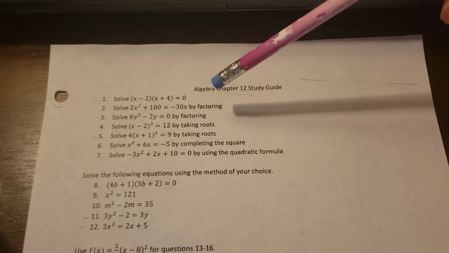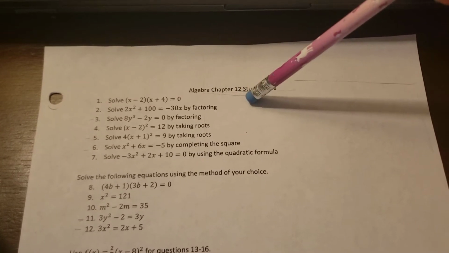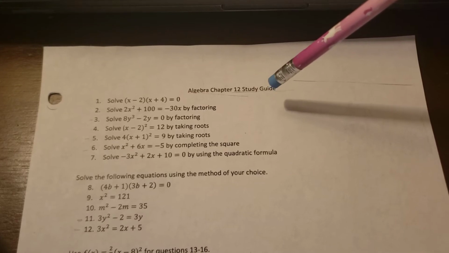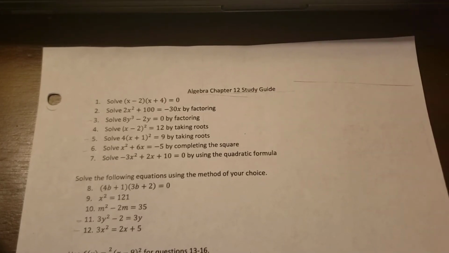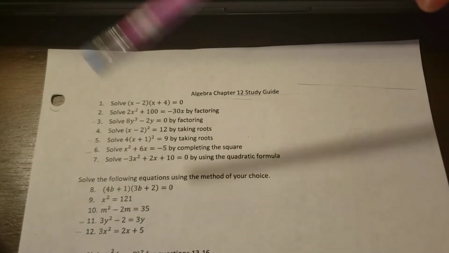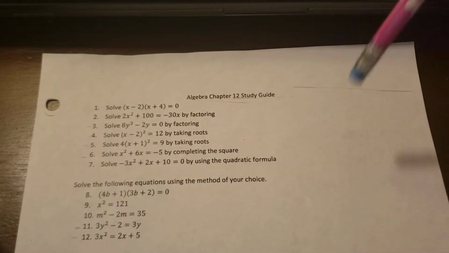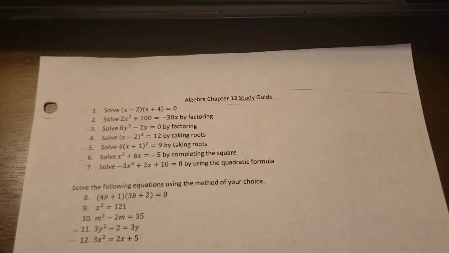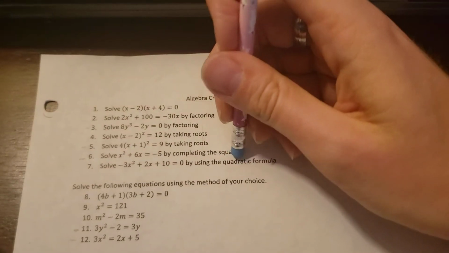So I am going to go over a couple extra questions on our study guide. I think what I'm going to do is go over number 6. That's completing the square. We talked about it a little bit, but now you'll have an example in video form of me completing the square.